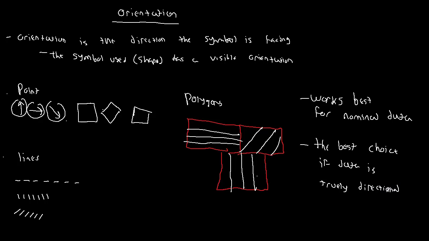And what I mean by that is not like a line, but say for example, you have something like the predominant direction of wind, measured as angles within say a weather station. A point-based weather station measures the direction of wind flowing across that weather station. You could represent that as a point using orientation to show the direction. So if for some reason you have something that is truly directional, orientation is amazing. Otherwise, try to pick a symbol that has an orientation and use it best for nominal data.